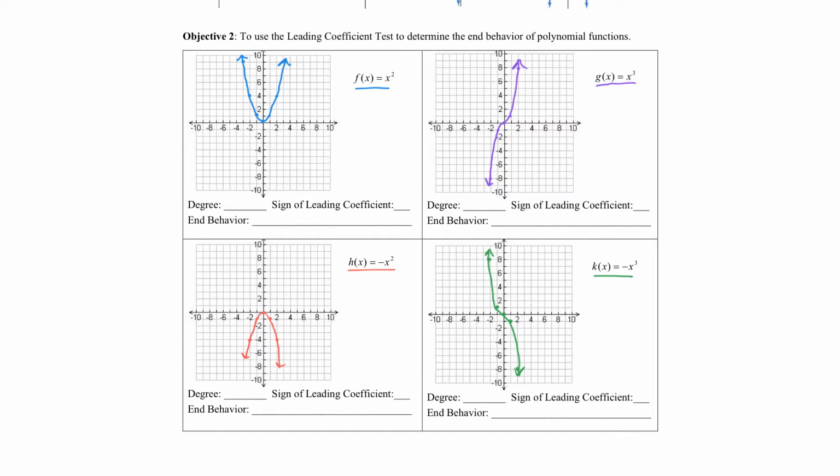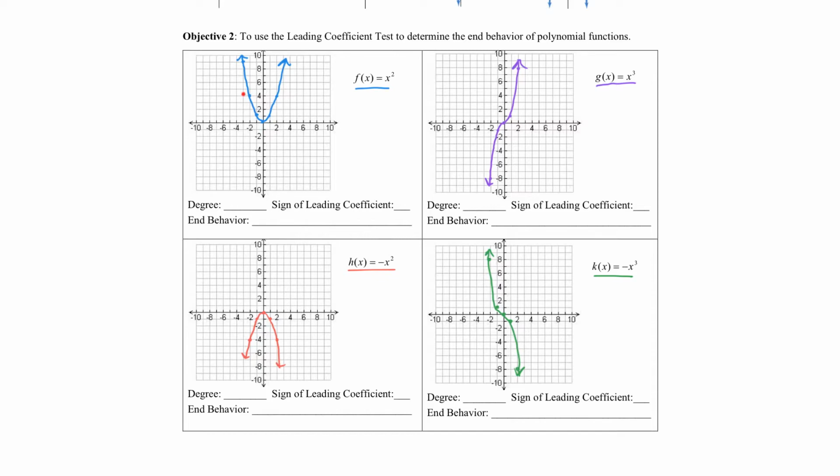Looking at the quadratic, as x approaches positive infinity, the graph rises to the right, and as x approaches negative infinity, the graph also rises to the left. So the quadratic rises to the left and rises to the right. For the cubic function, as x approaches positive infinity, the graph rises to the right, and as x approaches negative infinity, it falls to the left.